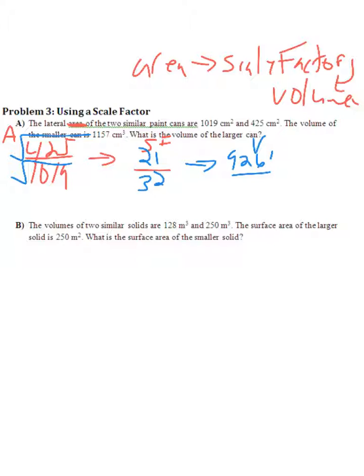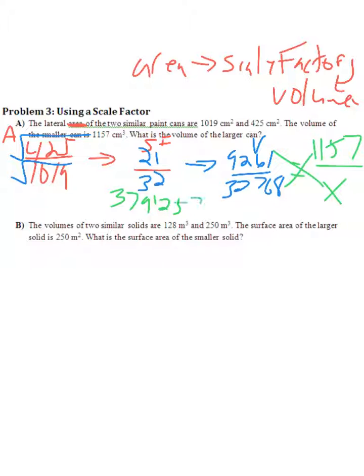32 cubed is 32,768. So now they give me the volume of the smaller can. So when I set these equal to each other, I put the 1157 with the smaller number. And then I'm going to cross multiply and solve. So if I take 1157 times 32,768, I get 37,912,576.